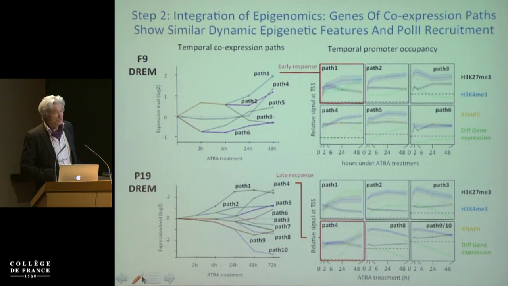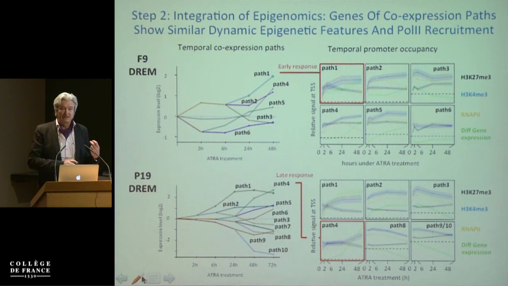Now the next step you would like to understand is the epigenetics. What is the corresponding epigenetics to these paths? If we look at this path 1, for example, and compare the epigenetic profile across all of the genes which constitute it. Here we look at H3K27 trimethyl, which is a repressive mark, and K4 trimethyl, which is a positive mark linked to promoters which are activated, and we compare that to the gene expression profile, which is in green here, or the association of RNA polymerase II.